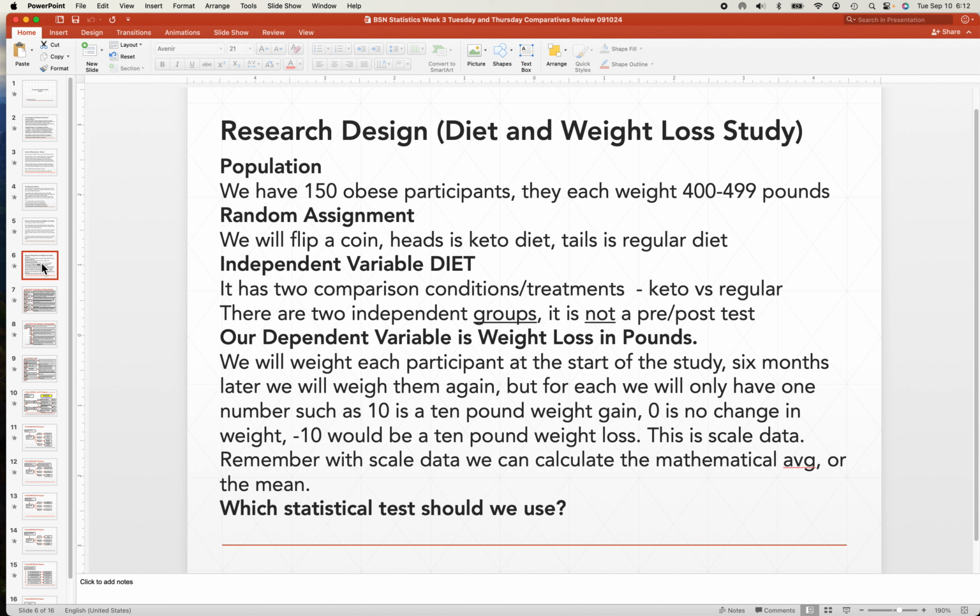And now we'll start all of them on the keto diet and we'll compare weight lost in 6 months on regular diet with 6 months of the keto diet, but all participants would be treated the same. That would be a pre-test, post-test design. We do not have that in this situation. All we basically have are two groups we're going to compare, and at the end of the study, we're going to have one score for each of them, and that'll be their pounds lost in scale data.